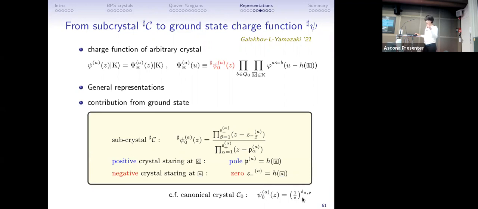So the first step you can only add your first atom. Now for this subcrystal, for the first step you can add all these positive crystals. For each positive crystal, you have a pole for this charge function, and each negative crystal will contribute a zero, and the position is the equivariant weight of this starting atom. So this will give you a very general representation of your original algebra.